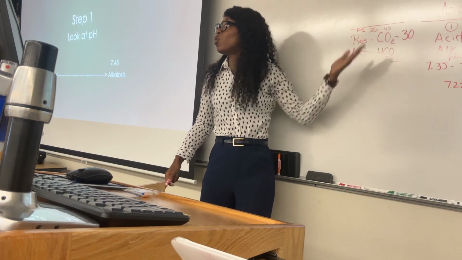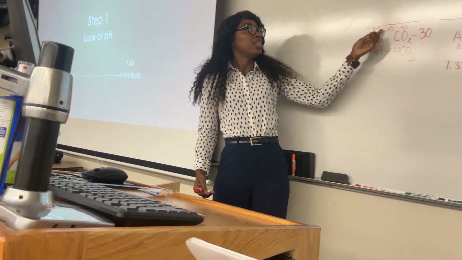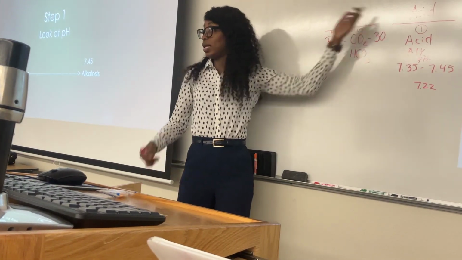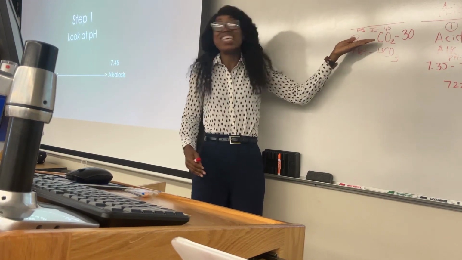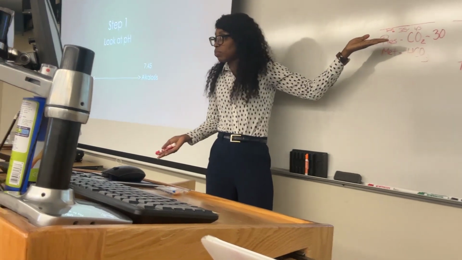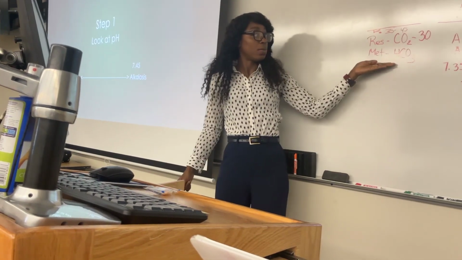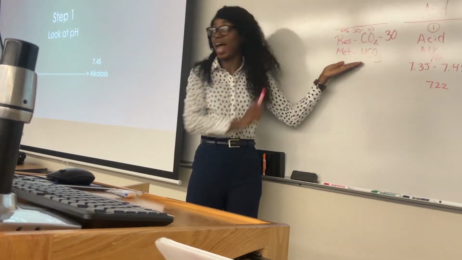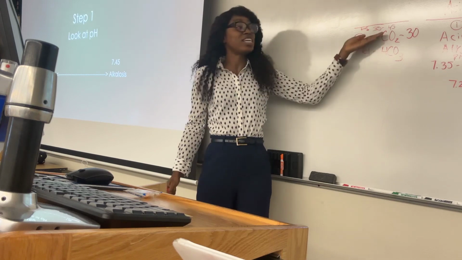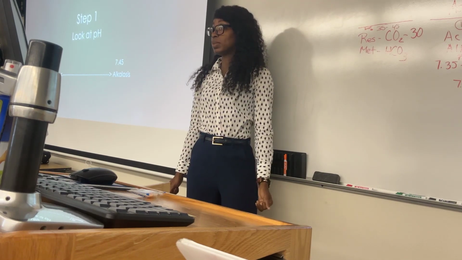Its number will indicate that the body is basic. So you see how this one is a base and this is not the same. That means this is the one that's compensating and helping, because it's not causing the problem. I said call the problem by its name. So it'll be metabolic acidosis. This one is out of range, so it's metabolic. But this other one is out of range because it's helping. Okay? So that's how it is.